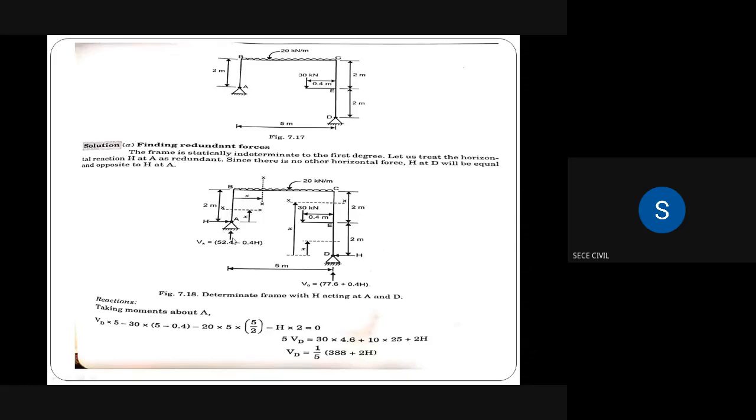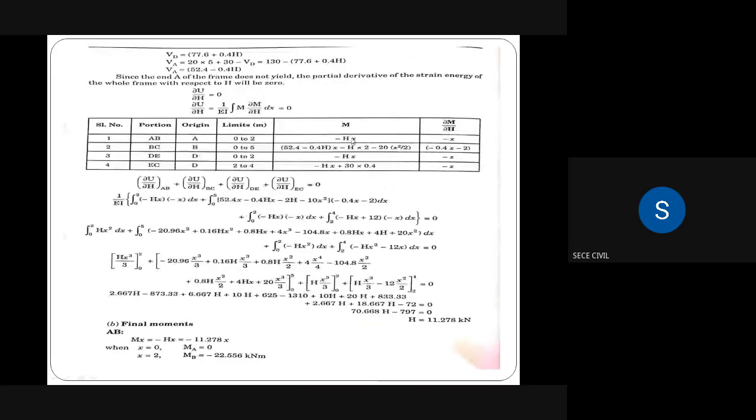Because of VA, there will not be any moment to this section because it is the same line of action. But because of this horizontal force H, there will be a moment, an anti-clockwise moment. So minus Hx, minus H into x. Next, dou M by dou H is equal to minus x.